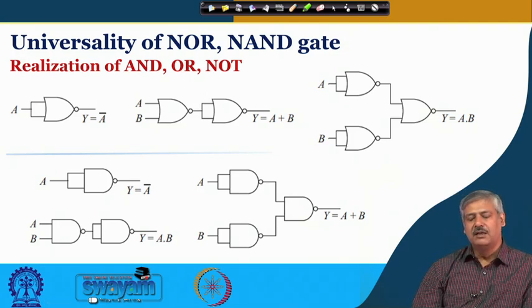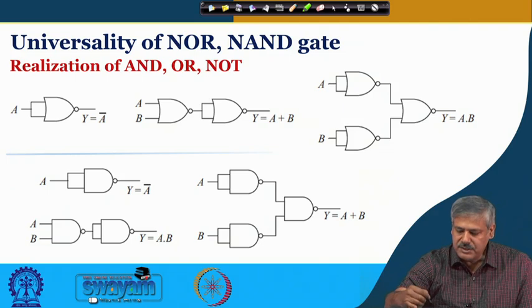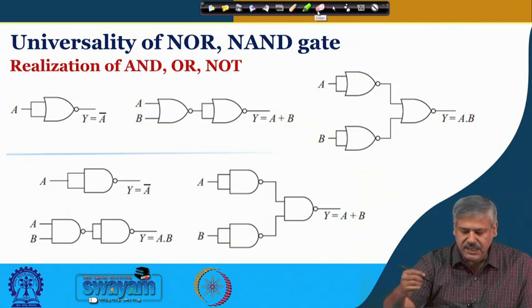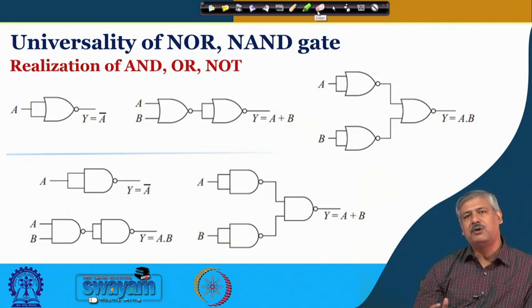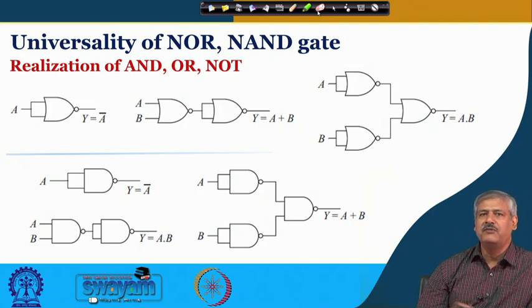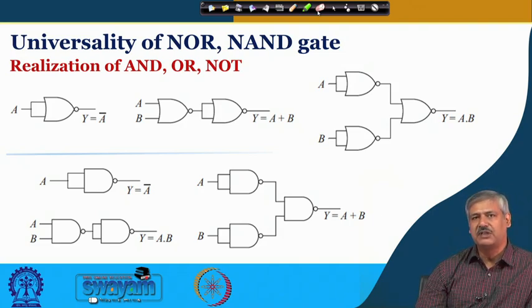Now, universality of NOR or NAND gate, this is something interesting. It is useful in the sense that if you think of only one variety of gate by which you would like to realize many different logic operations or Boolean expressions, you have to pick either NOR or NAND, because they can be converted to any other logic operation by different combinations of themselves.